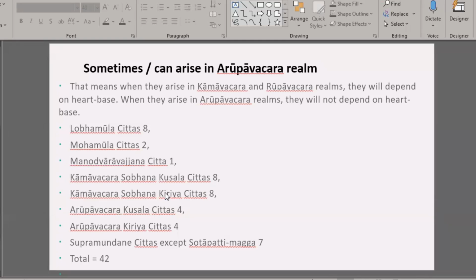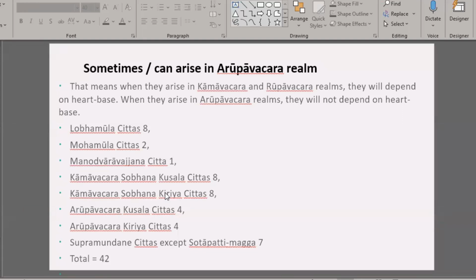What about Kamavachara Kriya? There are Mahakriya. Kriya Chittas arise in Arahants. We know those Kriya Chittas except Ahetuka. When Arahants preach Dhamma or listen to Dhamma, at that time Kamavachara Kriya Chittas arise for Arahants.